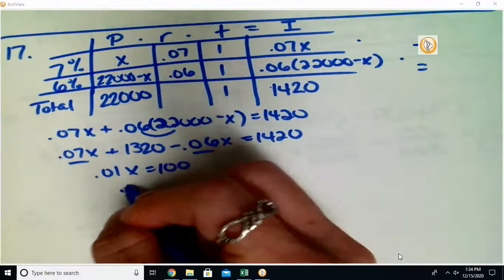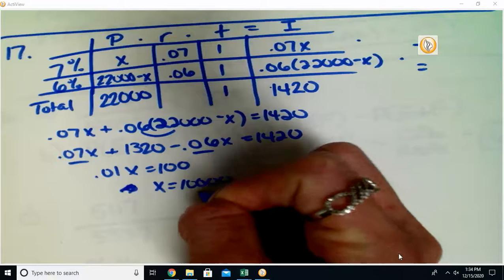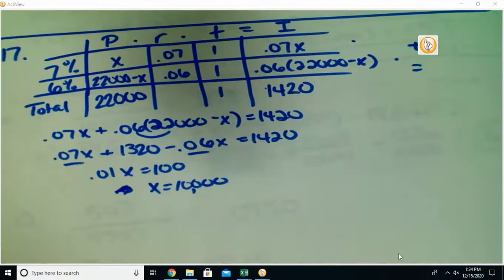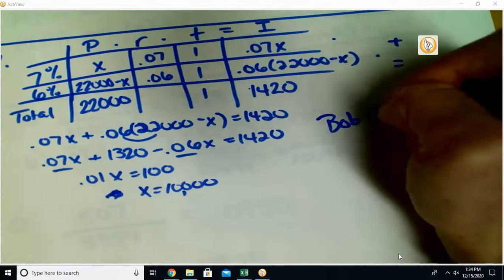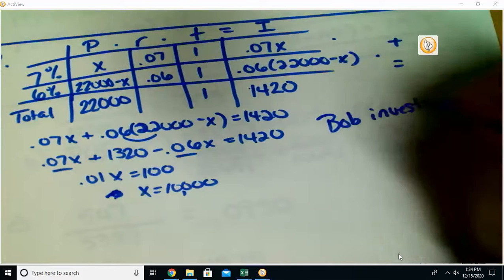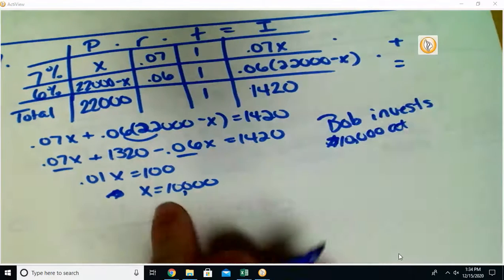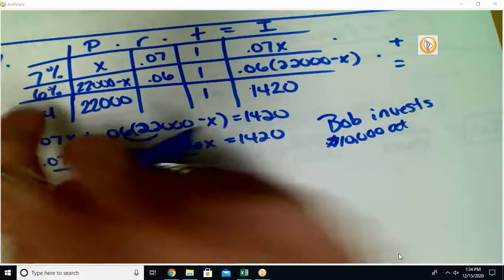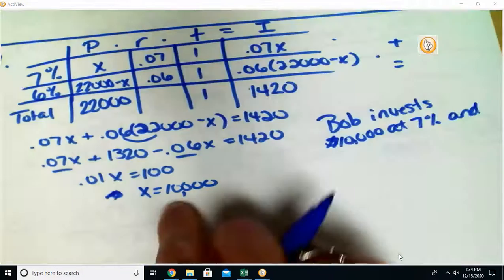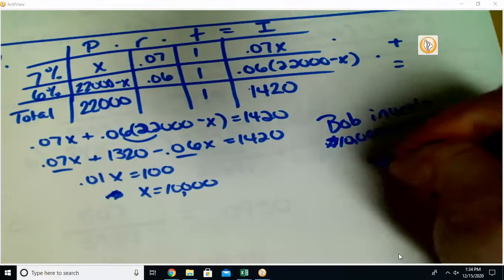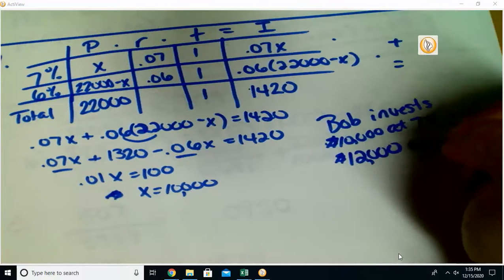Divide by 0.01, and you get 10,000. Then how do we answer? So Bob invests $10,000 at, looking up, x was my 7%. 22,000 minus 10,000 would be 12,000 at 6%.